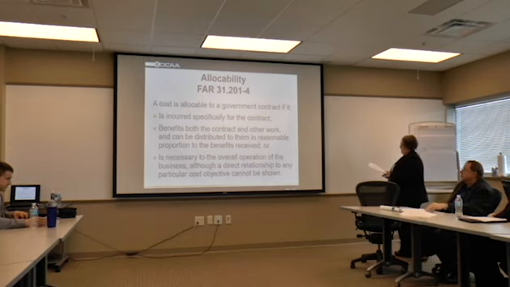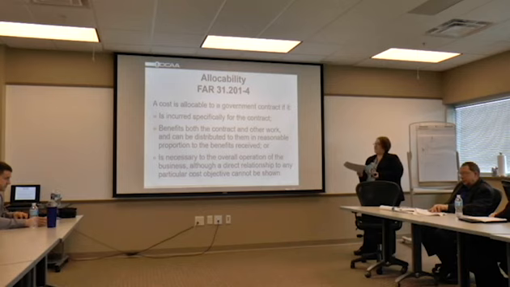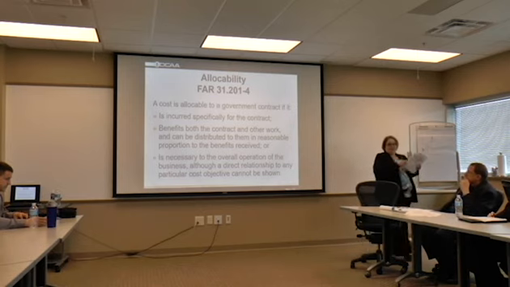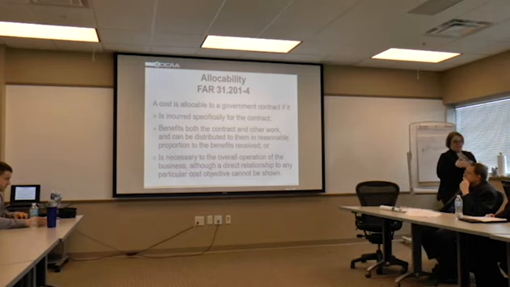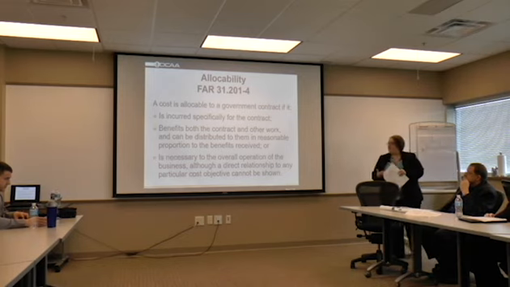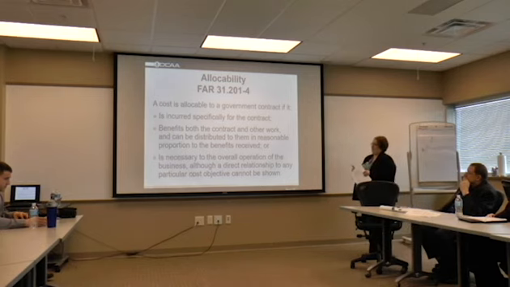So allowability: the cost is allowable to the government contract if it's incurred specifically for the contract. So obviously, if you need labor to meet the requirements of the contract and complete that scope of work, or materials, or travel, or other direct costs, those are costs incurred specifically for the contract.